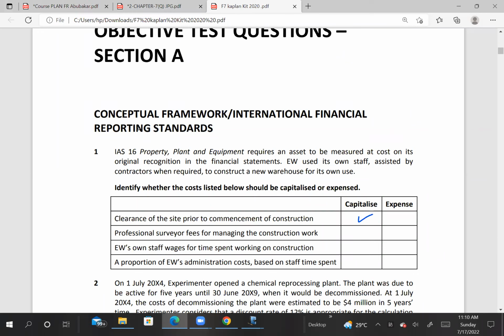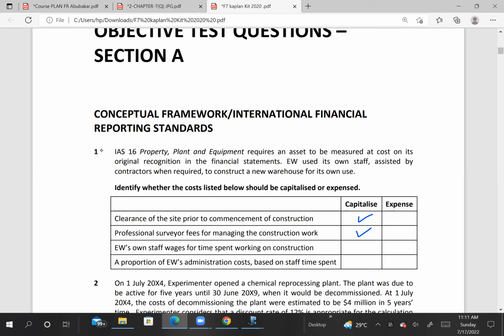Yes, it should be capitalized. Professional surveyor fee for managing the construction work. It will be capitalized. Surveyor fee for managing the construction work is a directly attributable cost.